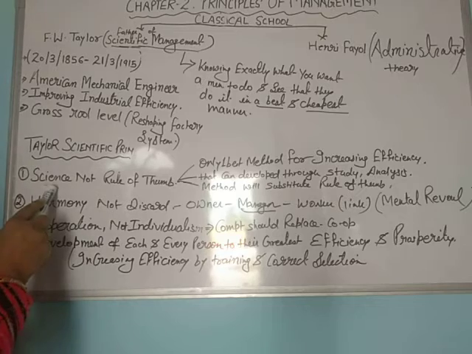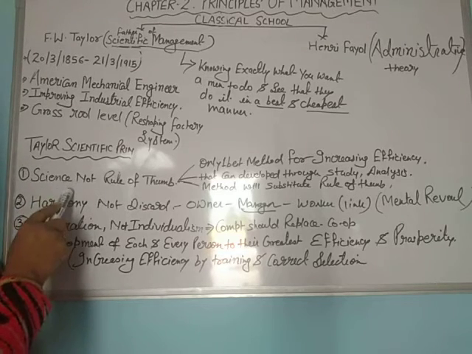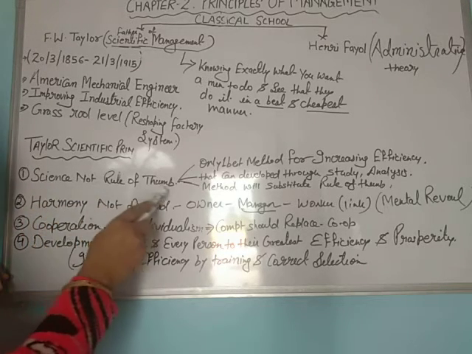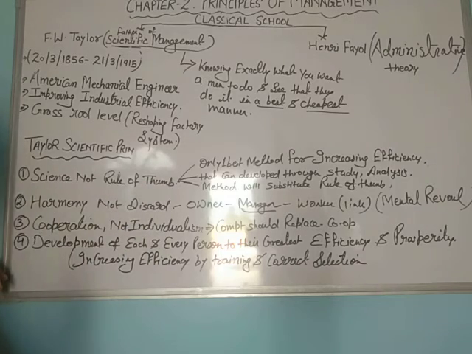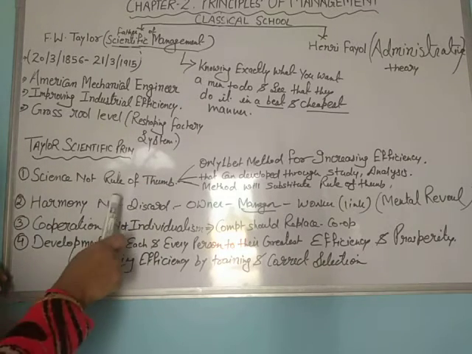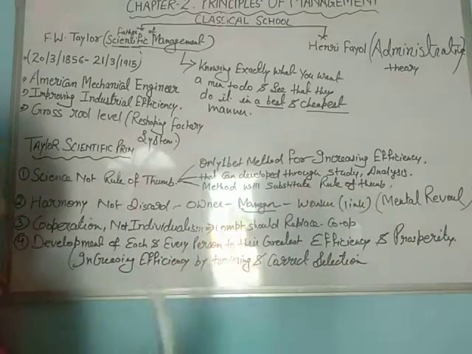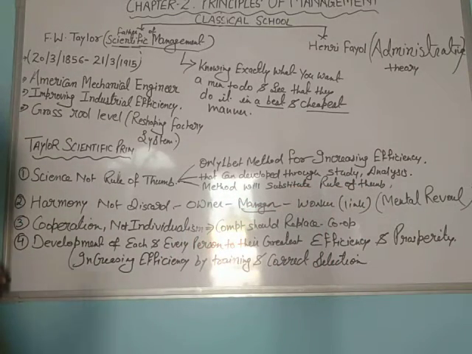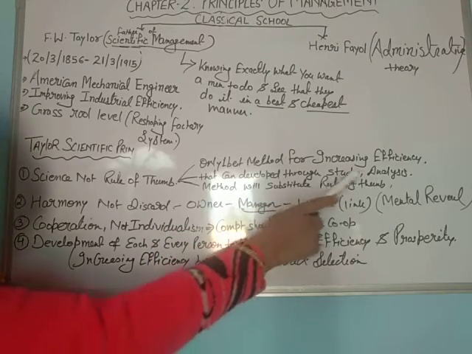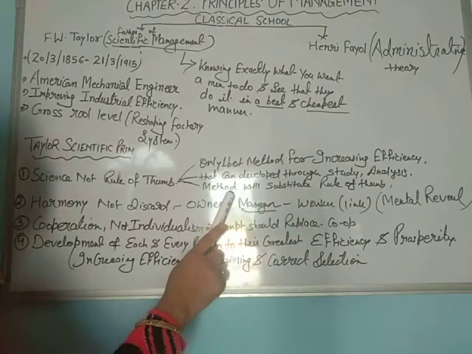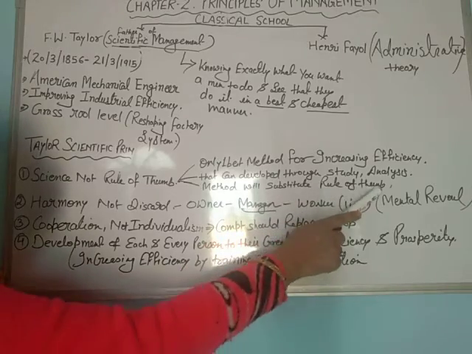So according to him, the first principle of scientific management should be science not rule of thumb, which should be utilized in every organization. This basically says that there is only one best method for increasing efficiency. Efficiency को increase करने का सिर्फ एक ही best method होता है, that can be developed through study, analysis; method will substitute rule of thumb.